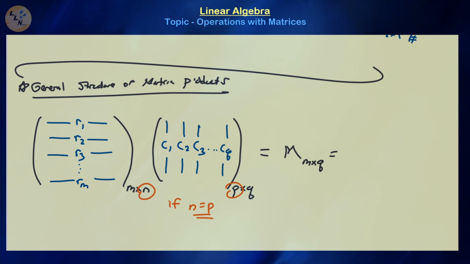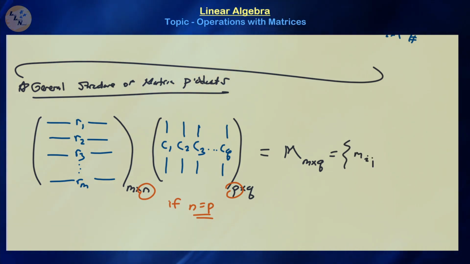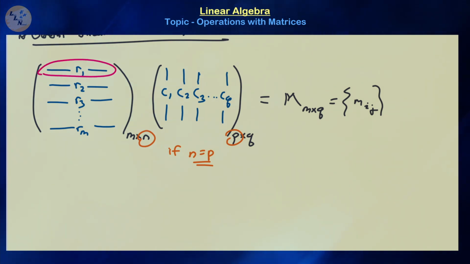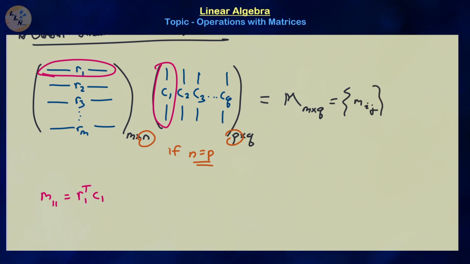So this is going to be a set of numbers, let's call them Mij. So what are these Mij's going to be equal to? How would I get the very first element? I would do the dot product of row 1 with column 1. So M11 is going to be the transpose of row 1 times column 1. And then how will I get the next element?